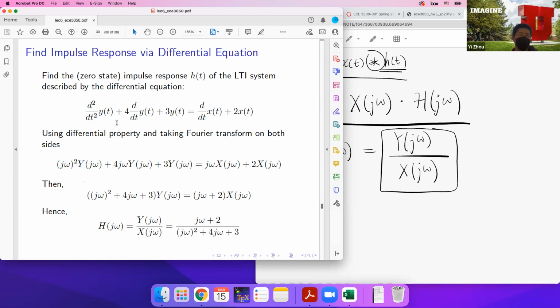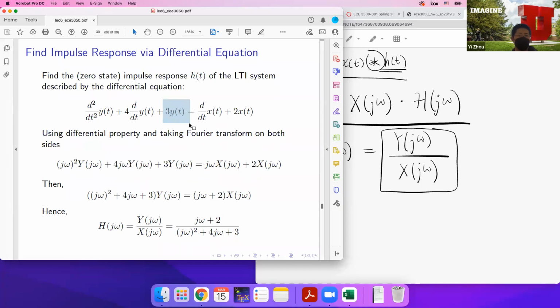Now, similarly, you do this for all the terms. The second one is 4 times the Fourier transform of this first order derivative, which is given by the spectrum of Y multiplied by j omega, by the differentiation property of the Fourier transform.